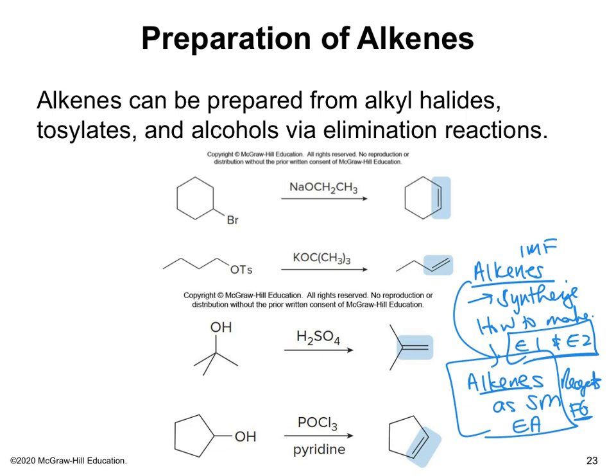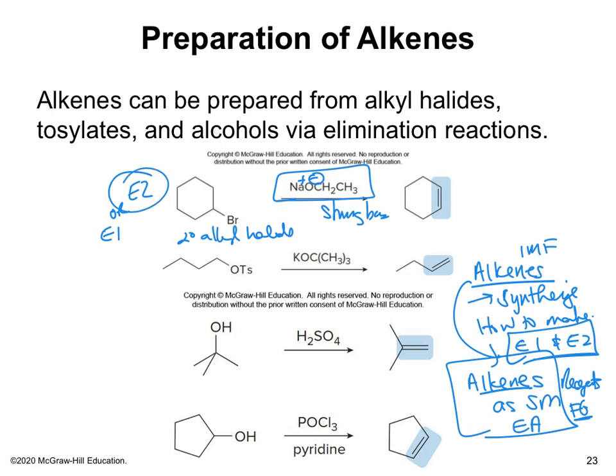So here we have a secondary alkyl halide, so that can go E1 or E2, right? But then we have this really strong base, so it's going to be E2. There's your alpha, you're drawing your beta. And you know that E2 has this stereoselective component. This one won't matter, the chair. You'll put in your Br there, and either one of these hydrogens next door are the trans diaxial.